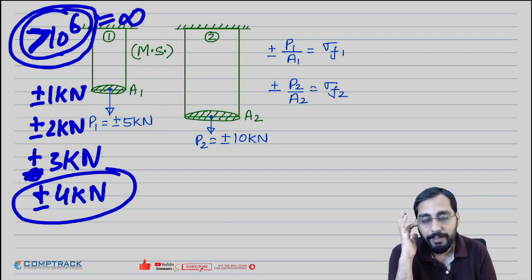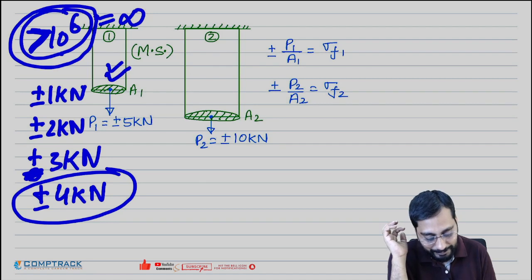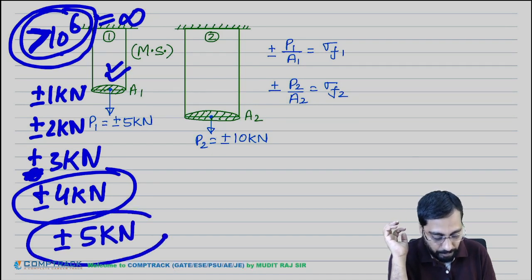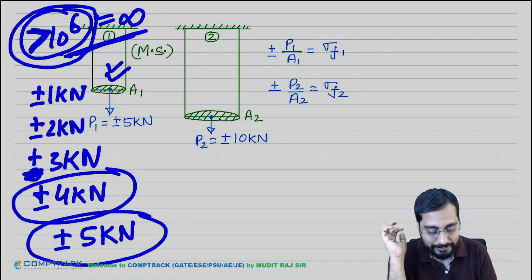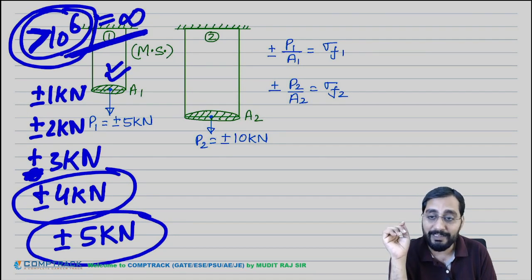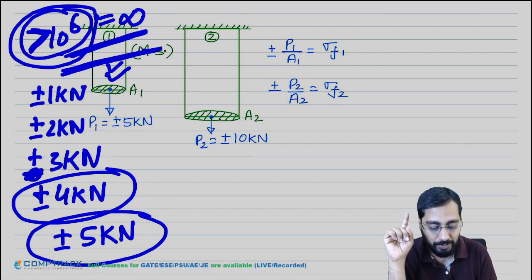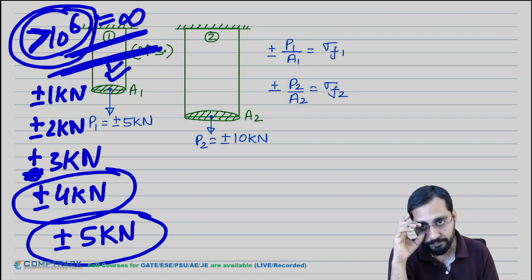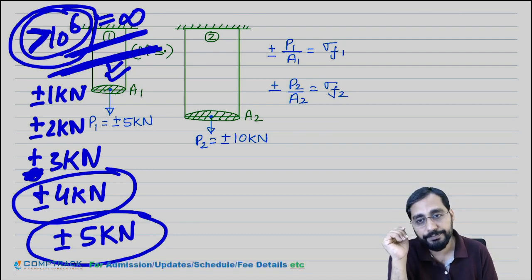Okay. So for the first bar, let's say at 5 kilonewton, at the cycles 10 to the power 6 cycle complete, this material will fail. This bar will fail. Got the point or not?